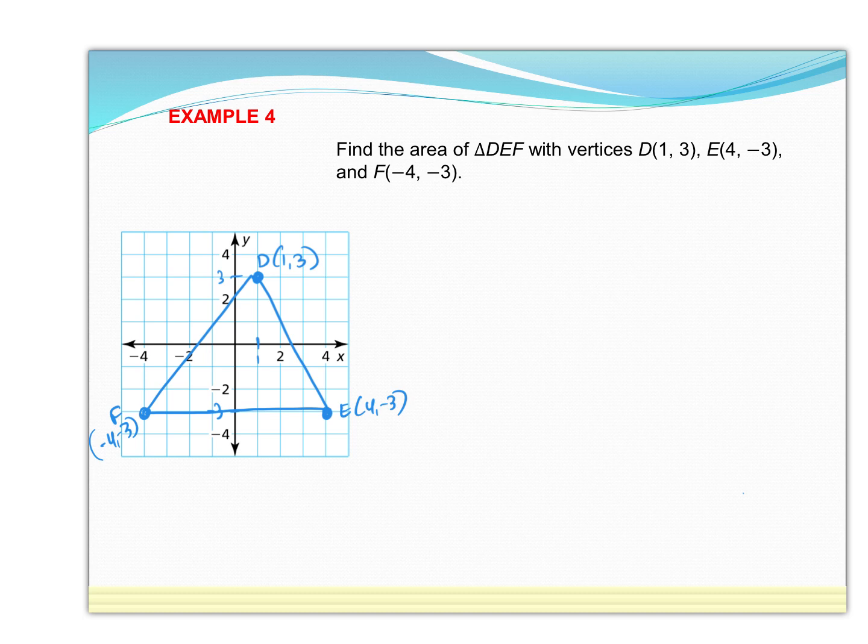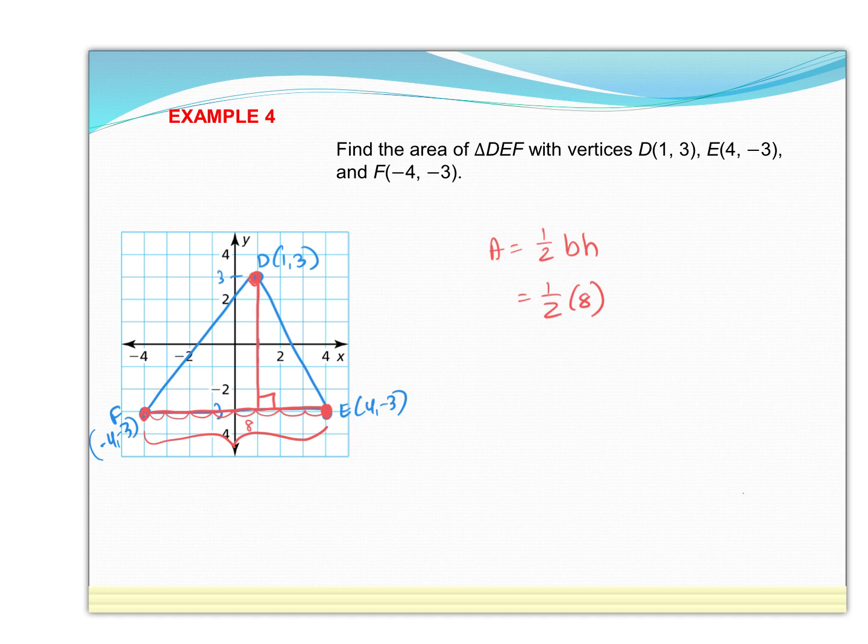Remember that the area of a triangle is always a half times the base times the height. Well, in this triangle, our base is right here. Our base is EF, okay? So what is the length of EF? Well, I can count, right? 1, 2, 3, 4, 5, 6, 7, 8. So I know that my base is 8. And my height is going to be a line that goes to the top vertex, and it is perpendicular to the base.